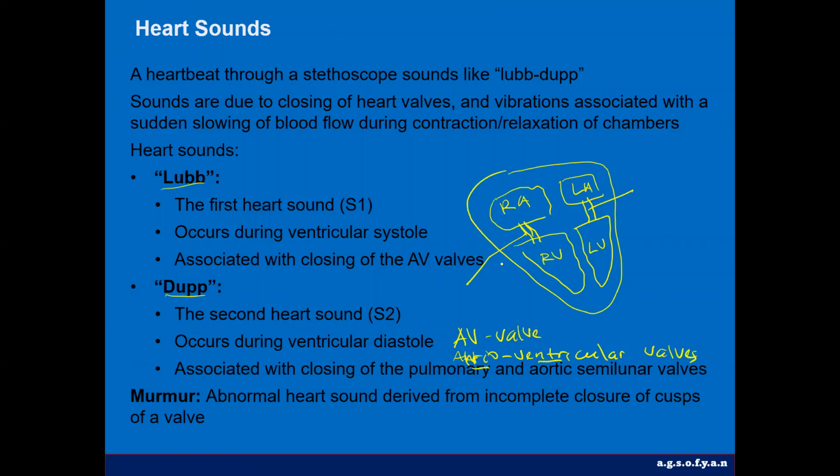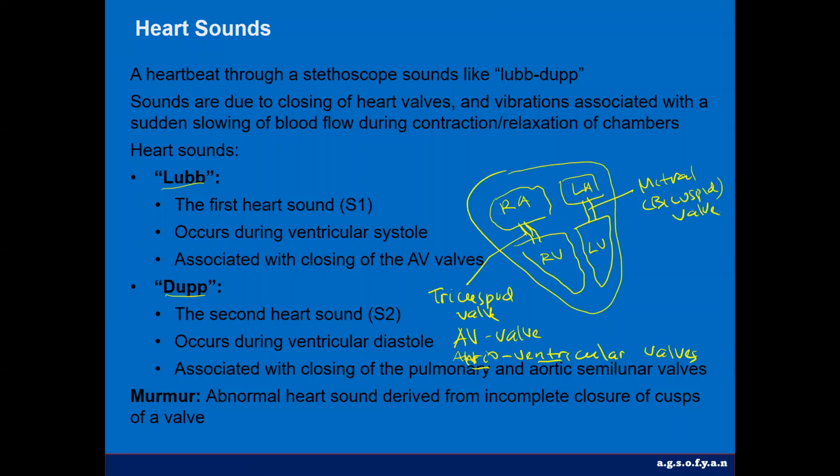The AV valve on the right side, between the right atrium and right ventricle, is called the tricuspid valve. The AV valve on the left side, between the left atrium and left ventricle, is called the mitral or bicuspid valve.